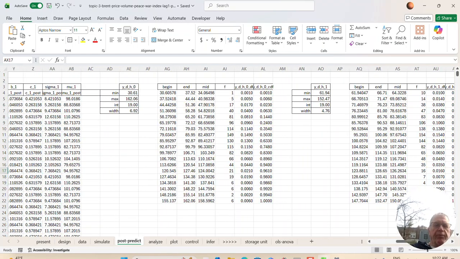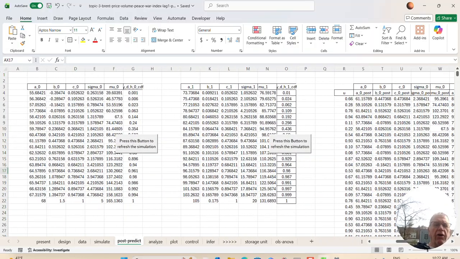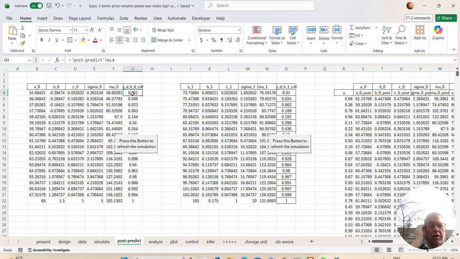So we have that, and then we use it over here to take these otherwise uninformative ranges from 55 to 68, minus 0.3, and so on, peace and war, to reshape them in the likeness of G, of this CDF, which came from our original piece. It's the posterior probability, and we'll do it the same way for each one of these.